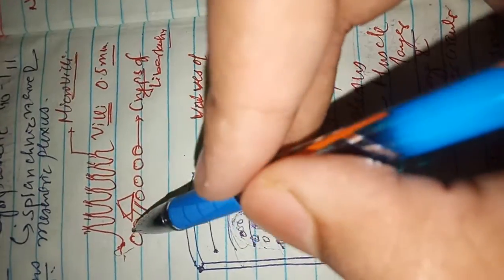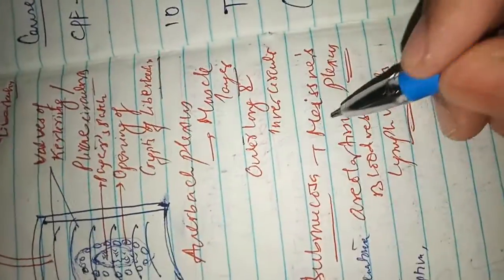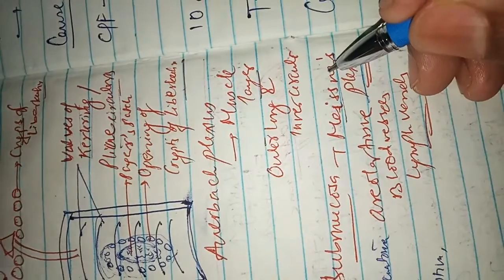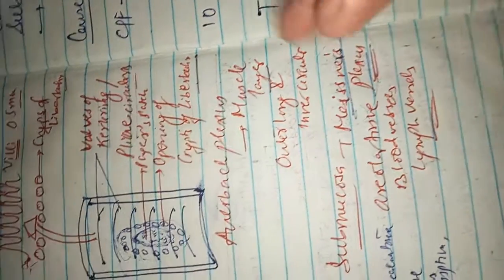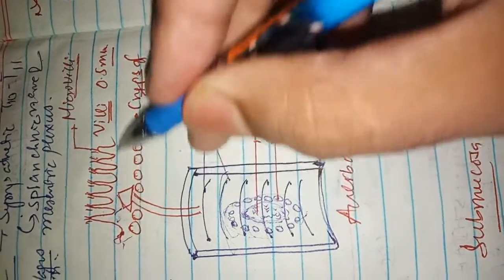If we see a transverse section, histologically, there is a mucosa with lamina propria, and there is a submucosa. The submucosa contains the Meissner plexus, the nerve plexus, which helps in peristalsis, and areolar tissue, blood vessels, and lymph vessels are all present in the submucosa.